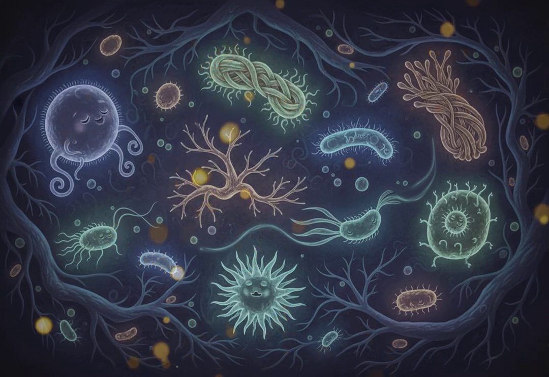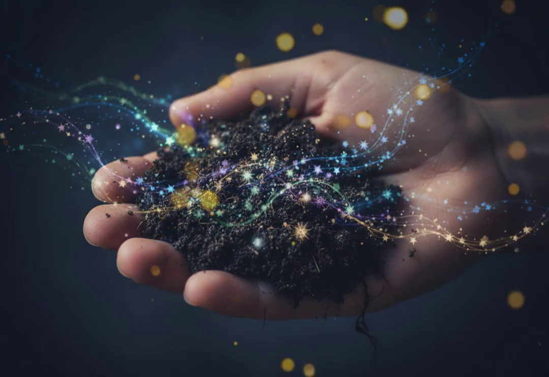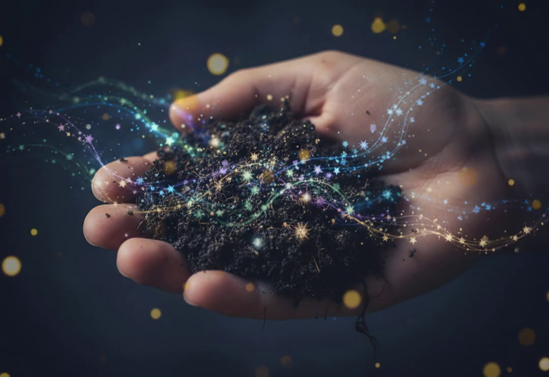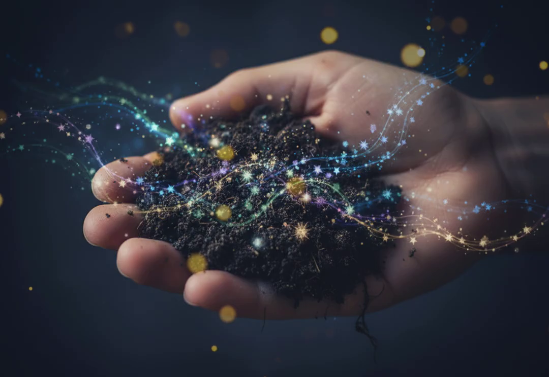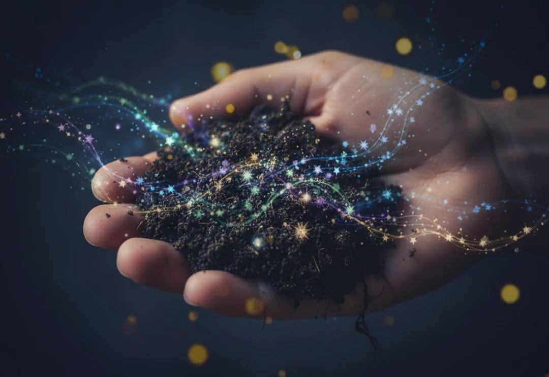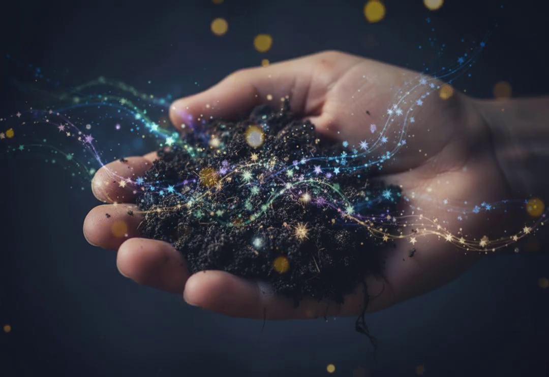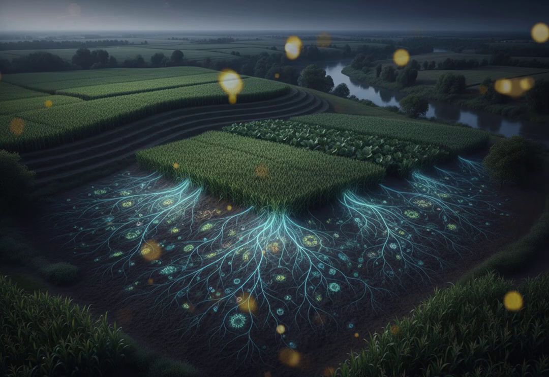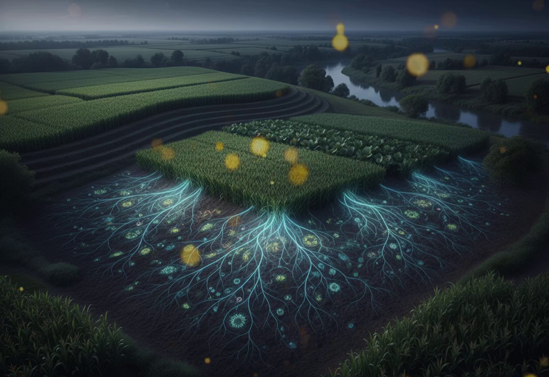Within the soil, microbial diversity is astonishing. Researchers estimate that a single gram of healthy soil can harbor 1 billion bacteria and thousands of fungal species. This diversity is crucial because it enhances resilience against diseases and environmental stressors. Each microbe has adapted to its specific niche, contributing to the overall functionality of the soil ecosystem.